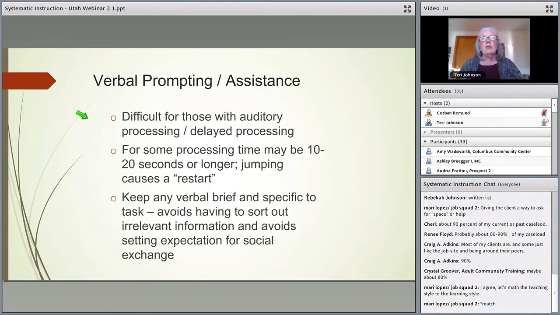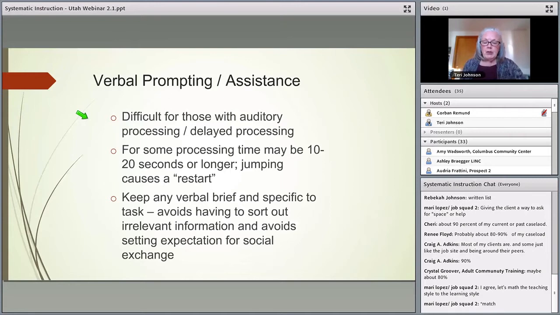We know what we want, we know what we expect, but with this person there's 10 or 20 seconds and I'm not seeing movement, or I'm not seeing an indication they understand. For some people, that's processing time. And if we jump in on top of that, it can be confusing. It can cause someone to have to restart, like literally have to think back through the process of getting started.